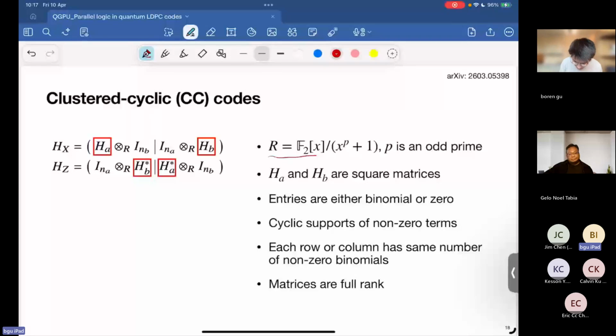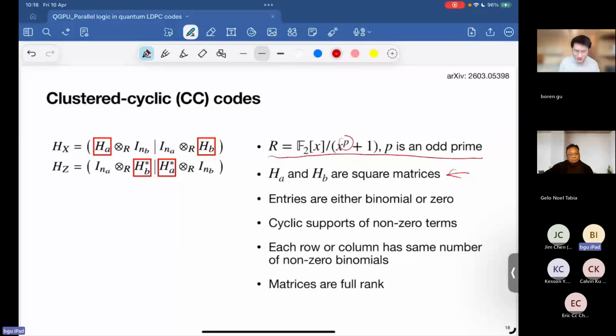First of all, when we pick this ring, we are no longer able to choose arbitrary L, but instead we want this lift parameter to be an odd prime number, and we want the parity-check matrices, the seed codes, to be square matrices, and their entries to be either binomial or zero, with cyclic support of non-zero terms, and some other constraints listed here.